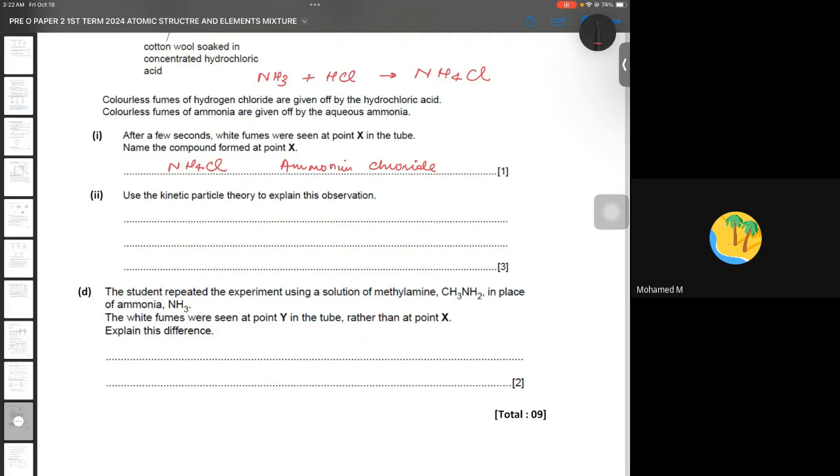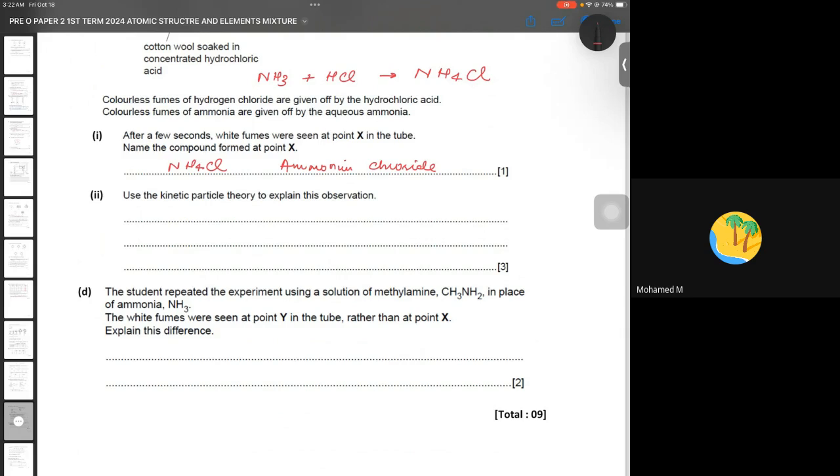D. The student repeated the experiment using a solution of methylamine, CH3NH2, in place of NH3. What fumes were seen at point Y in the tube rather than point X?